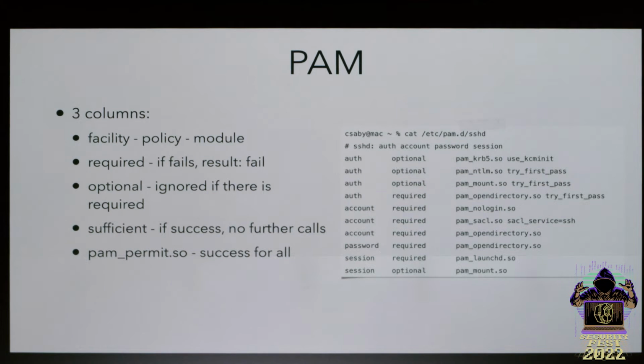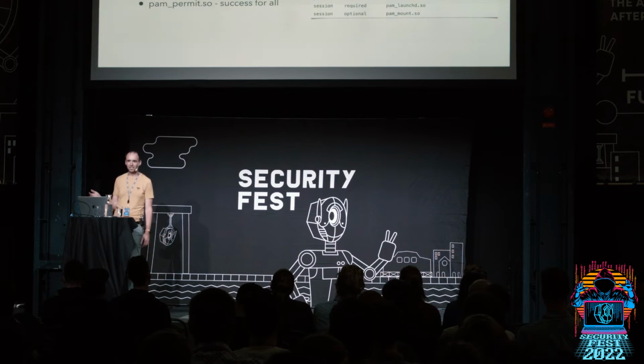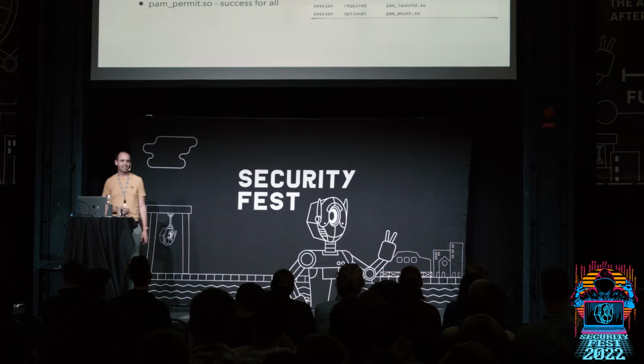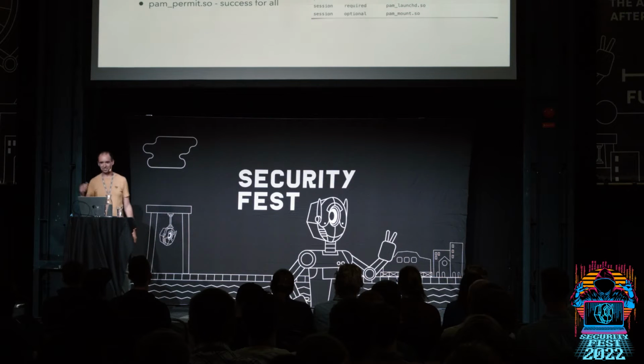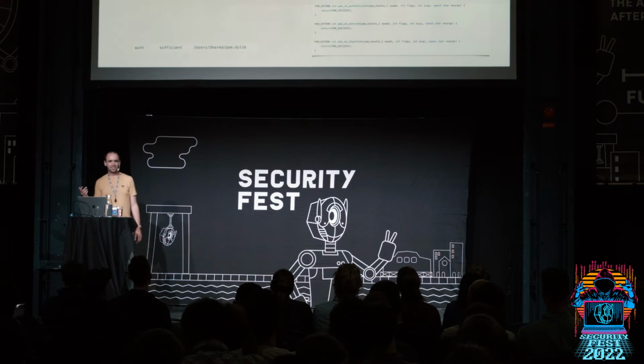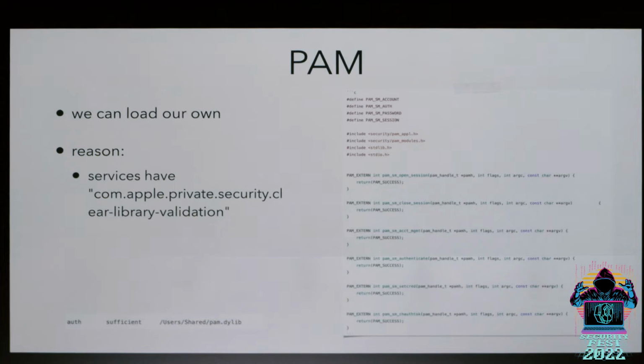So this is actually also a nice backdoor. You can do the same for sudo. Just say auth, sufficient, pam_permit, and every time you type sudo, you will not be prompted for a password. You just get root straight away. Now, because PAM is extendable, we can also load our own plugin and do really whatever we want.